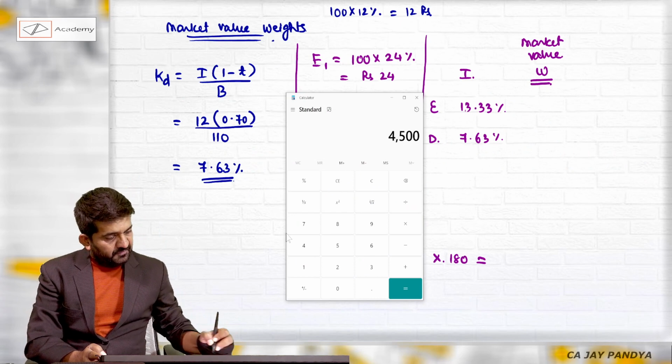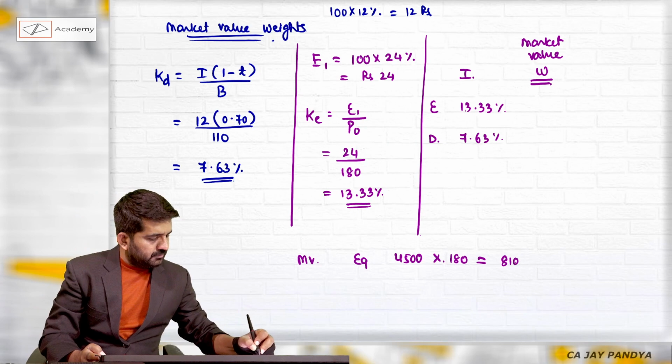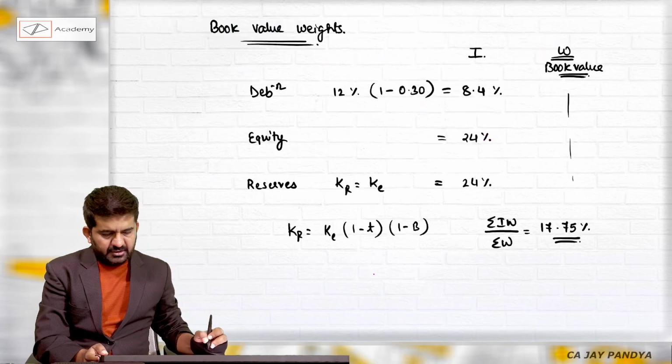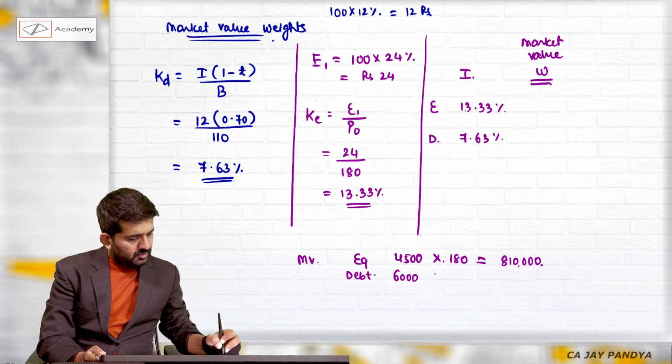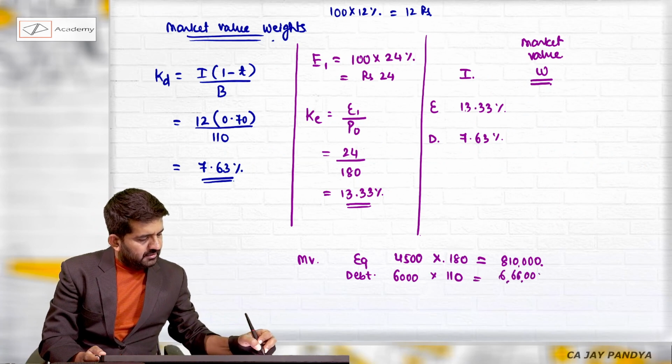So 4,500 into 180 will be 8,10,000. And debentures are 6,000 of 110 each, which will be 6,60,000.